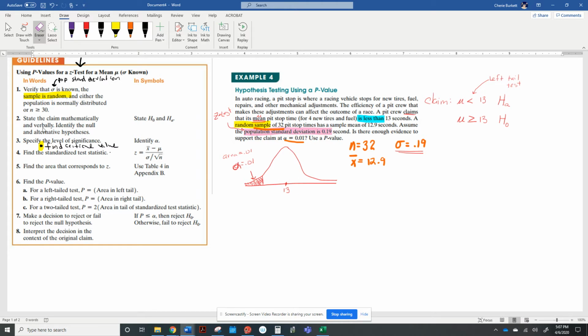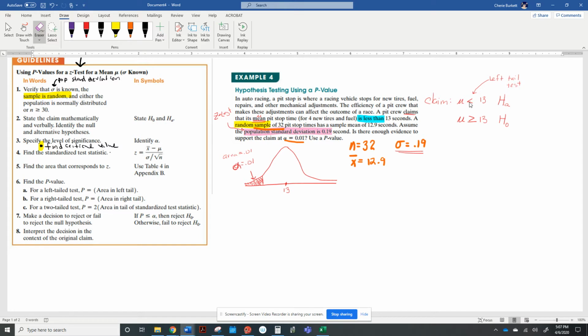We understand step 2 right here. The claim is that the pit stop is less than 13 seconds. So we said the mean pit stop is less than 13 seconds. It's less than, so that's how we knew it was the alternative hypothesis. The alternative hypothesis always goes with the one that does not contain equality.